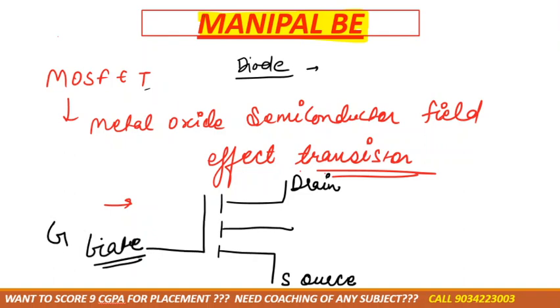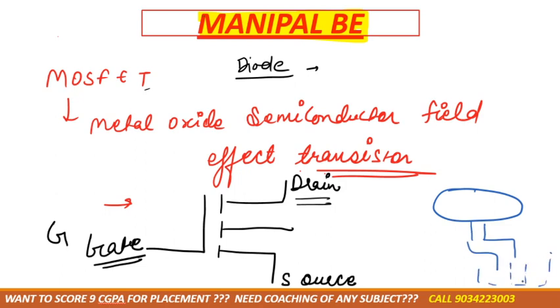Gate is used to control the amount of current flow. Source is from where we are getting the current. Drain is where the current is moving. As I told you earlier, suppose this is our tap. Here the water is collecting, so this one is the drain.